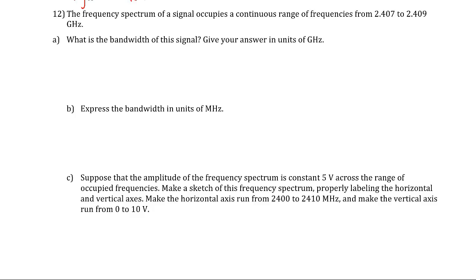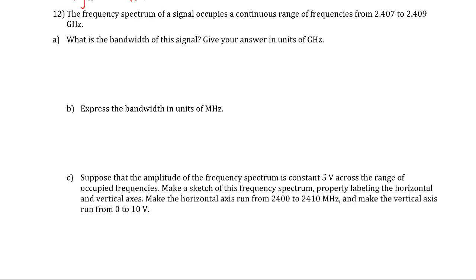Okay, here is an example problem on bandwidth. It says that the frequency spectrum of a signal occupies a continuous range of frequencies from 2.407 to 2.409 gigahertz. What is the bandwidth of this signal in units of gigahertz, and then in units of megahertz?